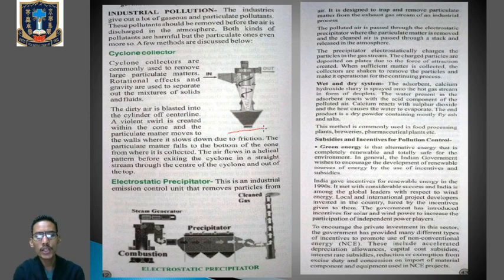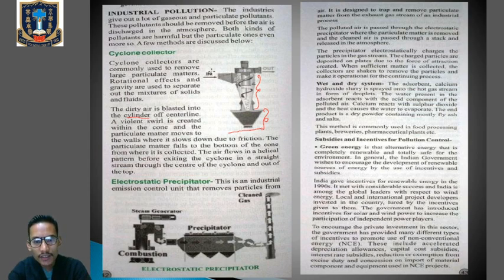Before going into the working principle, let us see the diagram of the cyclone collector or cyclone separator. It is mainly composed of a cylinder, as you can see mentioned over here. This is the collector portion for the dust particles or particulate matter.